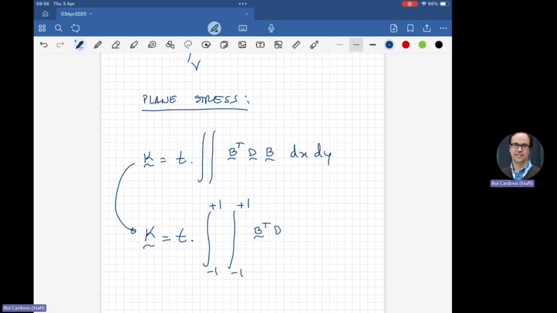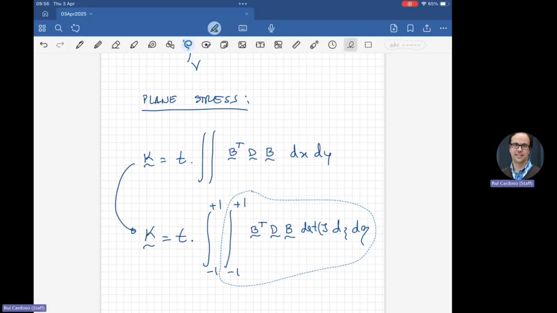My B transpose D B dV. And now I see the xi, eta, my parametric coordinates, but I need to do something more here, which is the determinant of my Jacobian. Oh, doesn't fit, just a moment, let me move this.